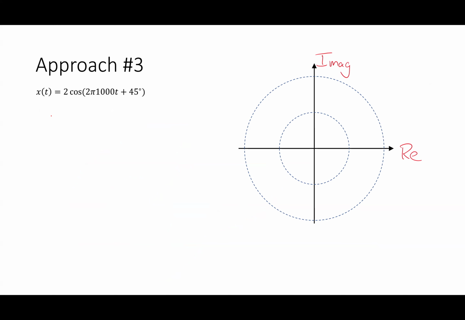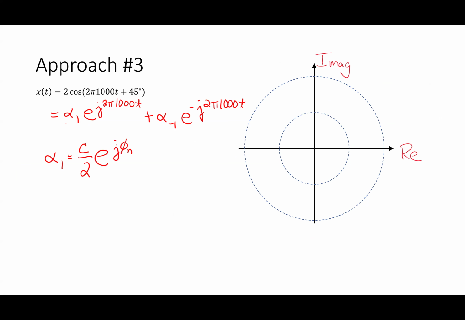And I'm saying that can be written as alpha 1 e to the j omega t plus alpha minus 1 times e to the negative j 2 pi 1000 t. What's omega here? 2 pi 1000. My alpha 1, I said, is the amplitude divided by 2, and then whatever that angle is, phi sub n. Alpha minus 1 is its conjugate.